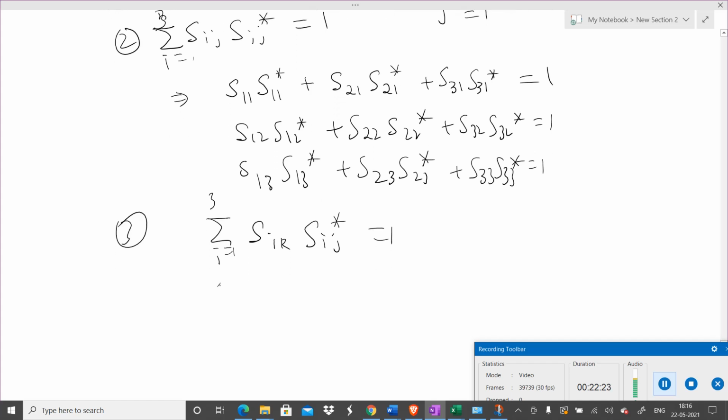Suppose you take S11, then this one should be S12, plus S21, then this one should be S23, different ones, plus S31 and then S33, and this should be equal to 0. Sorry, it is conjugate here. Similarly, you can find the other 3 equations.